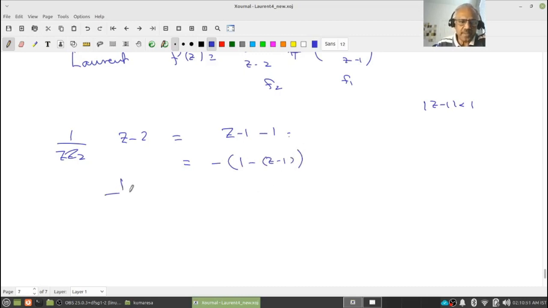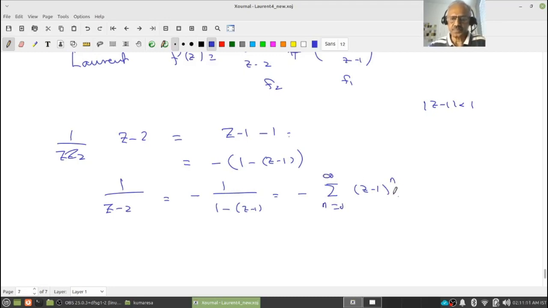Therefore 1 by z minus 2 equals minus of 1 by 1 minus (z minus 1). Therefore this is going to be minus the sum of (z minus 1) to the power n, n equal to 0 to infinity. Is that okay? Right.